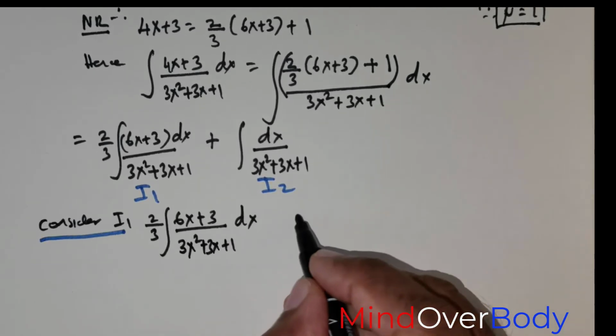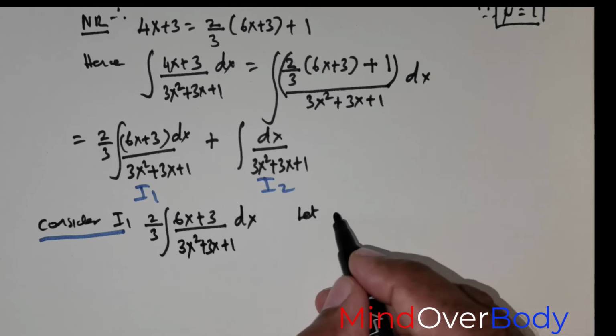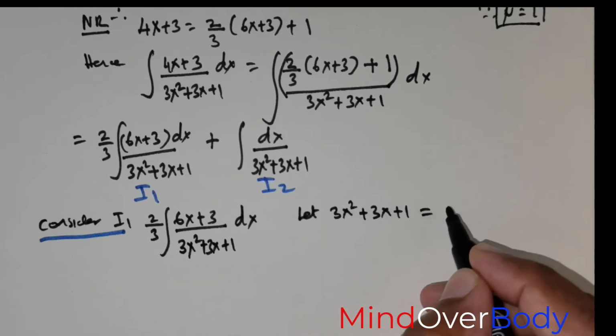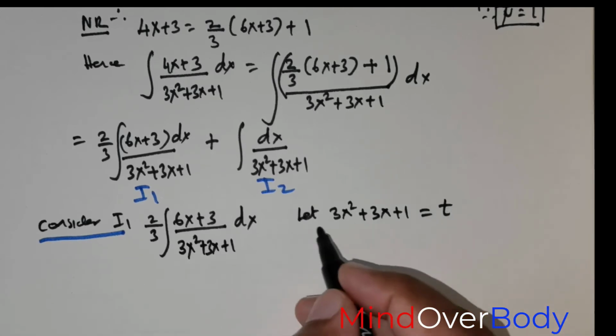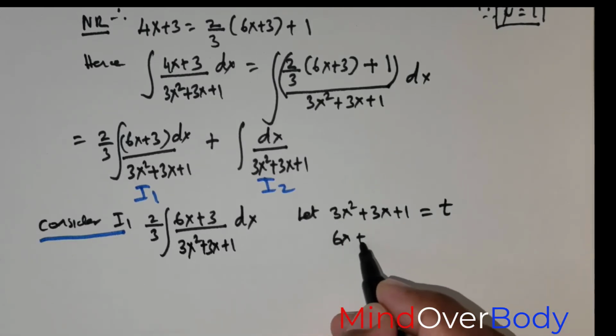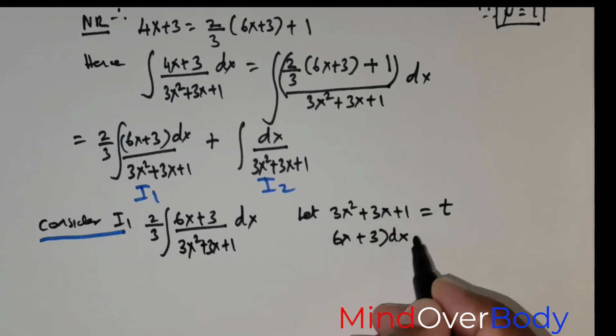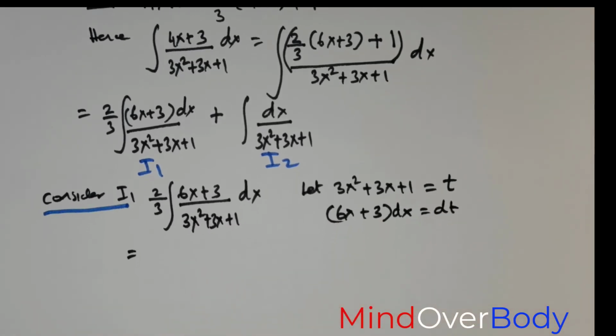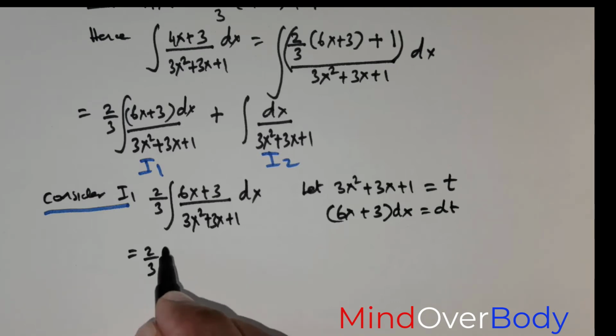So what I'm going to do is I'm going to make the substitution. Let 3x squared + 3x + 1 be equal to some t. I differentiate this, I get (6x + 3) dx is equal to dt. I substitute, that's going to be equal to 2 over 3.